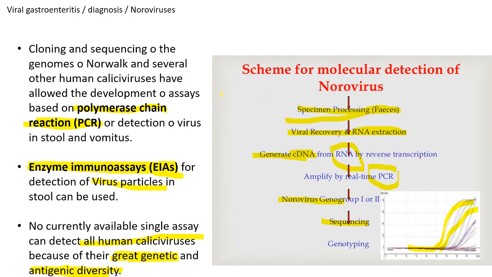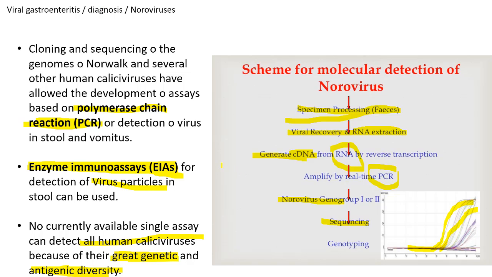Okay. Now, for research purposes, as we saw in the first paper in the 70s, they also use electron microscopy. But that is mostly for research purposes and not diagnostic purposes.